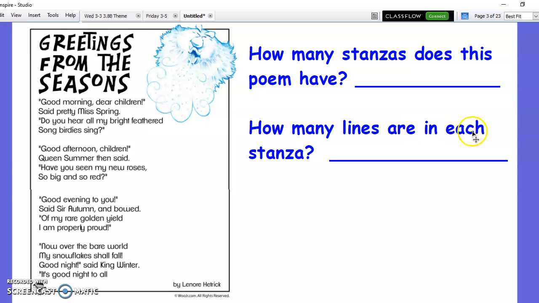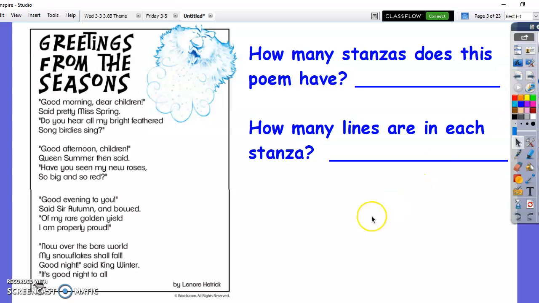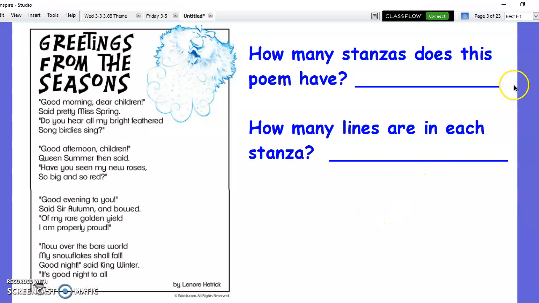How many lines are in each stanza? If you count the lines, they're like the sentences, but they're not always a complete sentence. So each stanza has 1, 2, 3, 4 lines. Next one again, 1, 2, 3, 4. 1, 2, 3, 4. This grouping of the lines and the stanzas is what gives you the rhyme scheme.